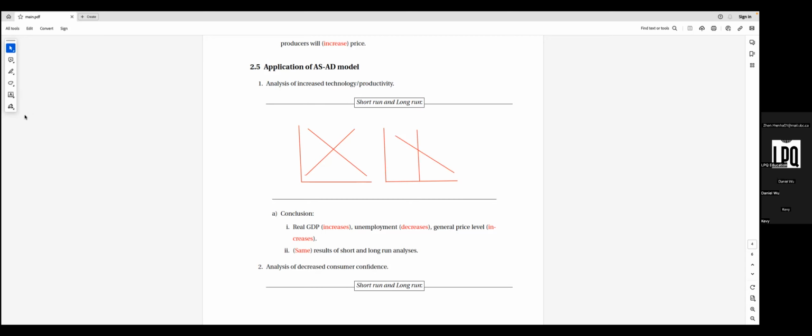And we need to have all the necessary labels. So this one is called short run AS, this one is AD. This one is the long run AS. Still the horizontal line is real GDP.